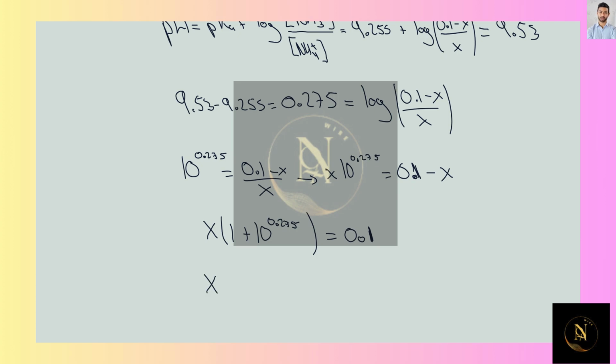Thus, the value for X will be 0.1 divided by (1 plus 10 to the 0.275). After doing this operation, the result is an amount of mole of 0.034678.